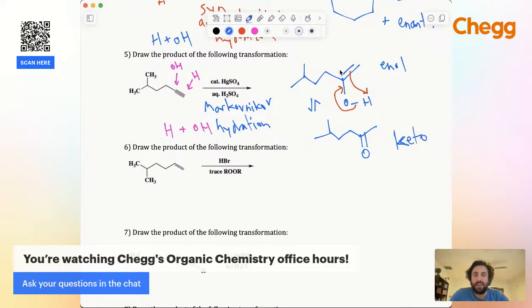That is absolutely correct. These are two tautomers in equilibrium with one another, and the process of going from one to the other is called tautomerization. Again, the keto tautomer is preferred in this case. The cases in which the enol tautomer is preferred are ones in which the enol tautomer is aromatic, things like that.